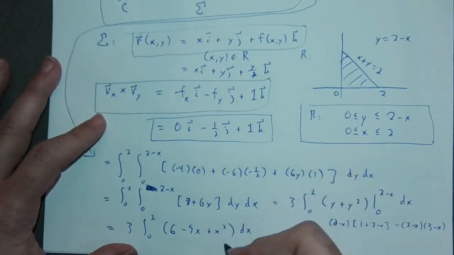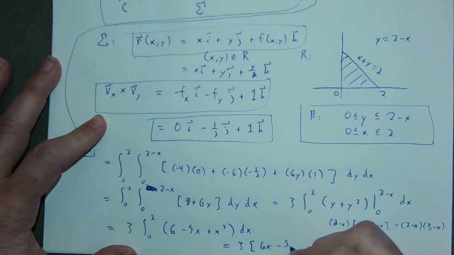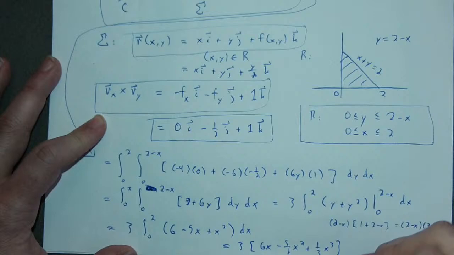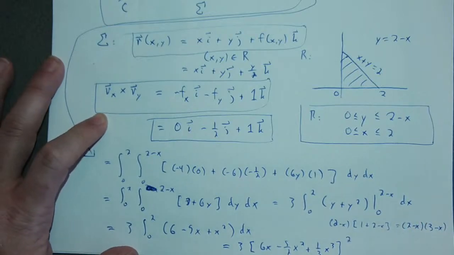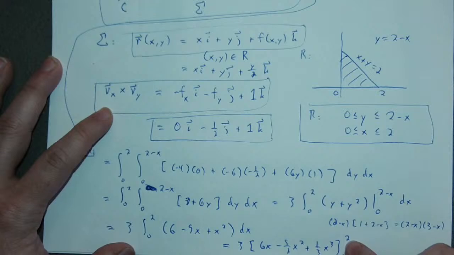And so evaluating this integral, this would be 3 times 6x minus 5 halves x squared plus 1/3 x cubed, evaluated from 0 to 2. So evaluating at 0, I get 0, so I really just need to plug in 2 here, so let's do that.